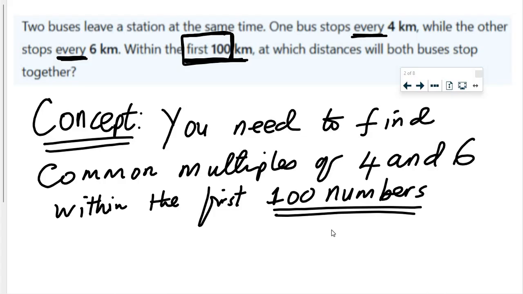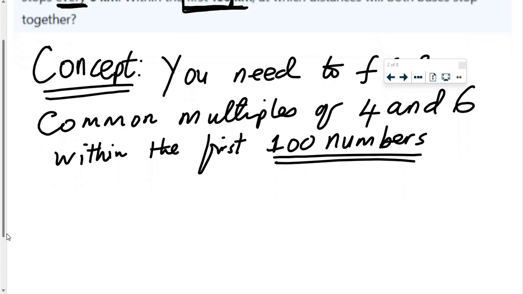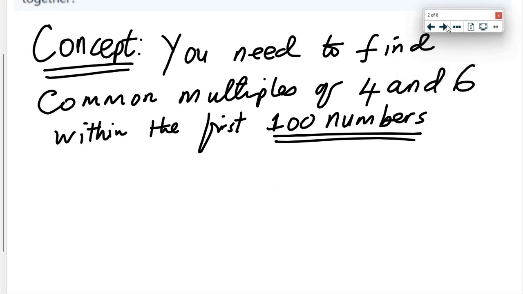Now, how do we find multiples of a number? Everybody pay attention.